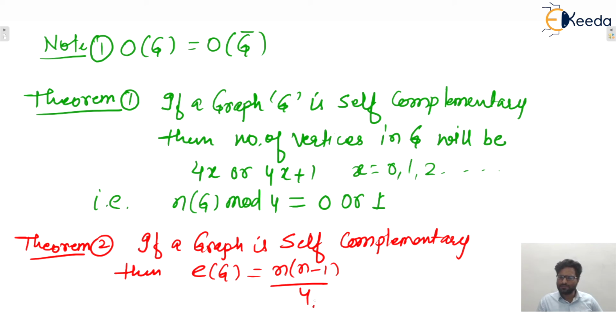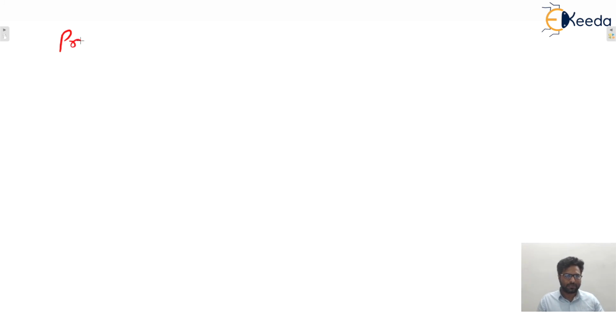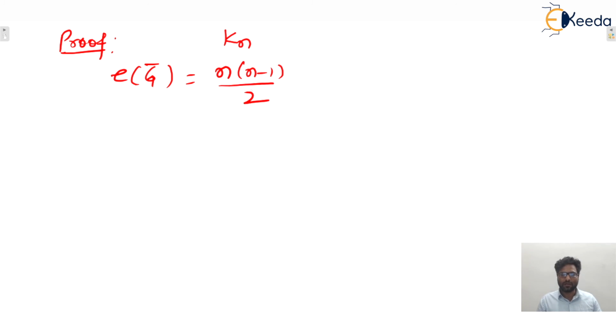How did it come? That is very simple. Let us consider the proof. The number of edges in the complement will be Kn minus G. Kn has n into n minus 1 by 2 edges, minus the number of edges in graph G. Self-complementary means both graphs have the same number of edges.